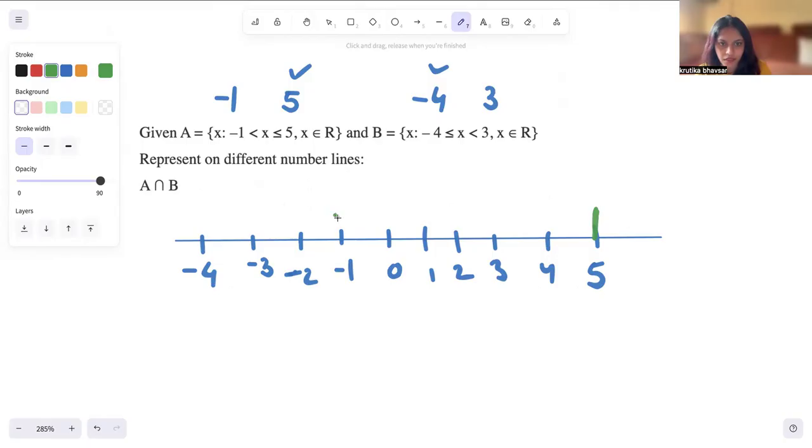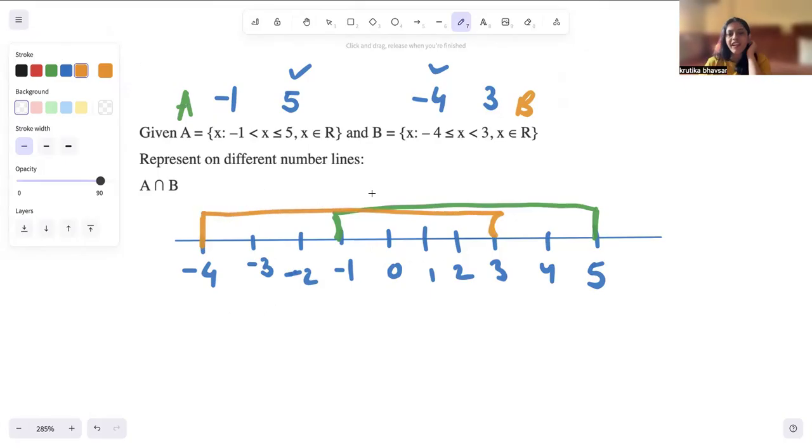Okay? So the green actually represents all the values of A. Now let's see B. B represents from -4, there is an equality, so it's going to be straight. And at 3, there is no equality. So like this.